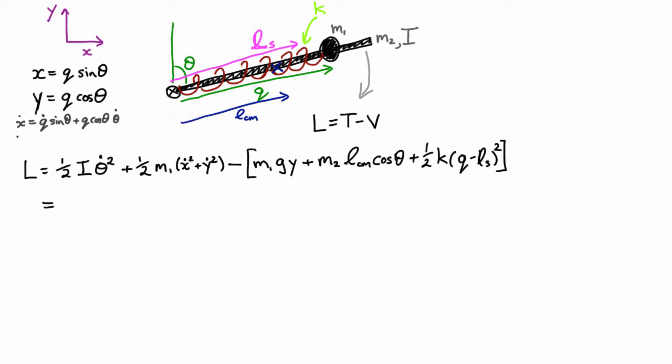And for y, again I've got a product rule to do, so I get q dot cos theta plus q, and now a minus sign, minus sine theta, theta dot. Now I can plug all of that into my Lagrangian.